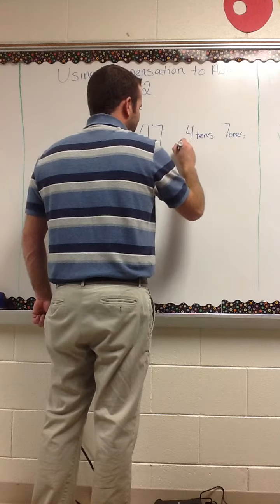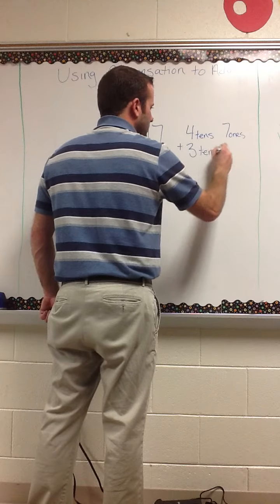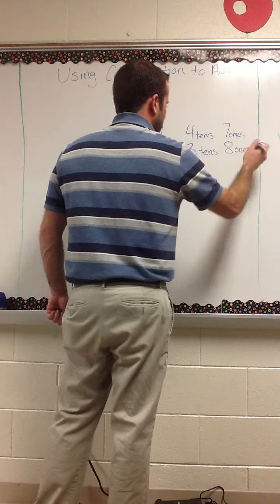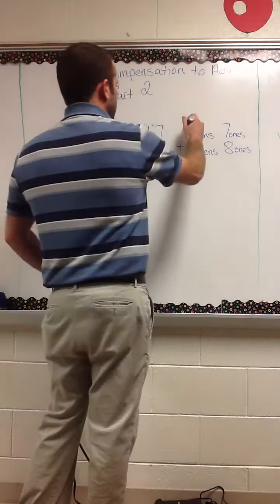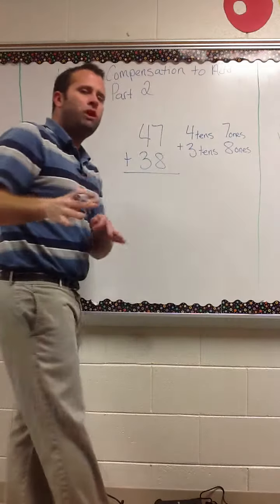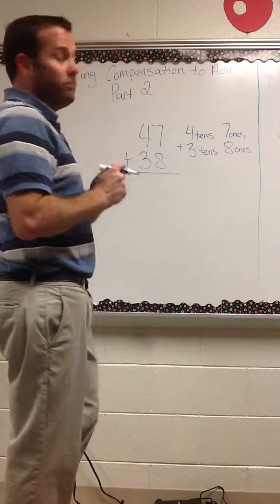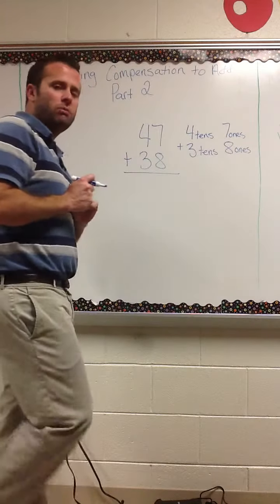And I am adding to that 3 tens and 8 ones. Hopefully at some point this will be a thought process. 4 groups of 10 and 7 ones makes the number 47. 3 groups of 10 and 8 ones makes the number 38.